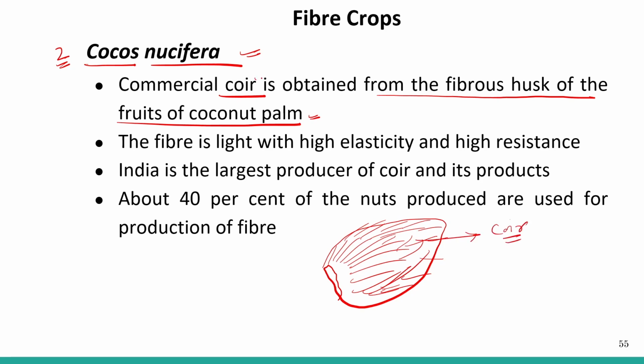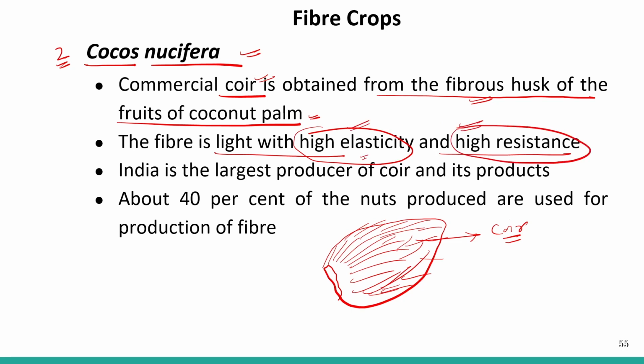So this commercial coir is obtained from the fibrous husk of the fruit of the coconut palm. The fiber is light with high elasticity and high resistance. This is the peculiarity of this particular fiber.